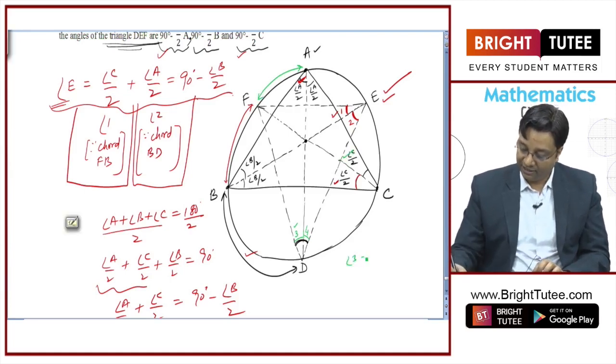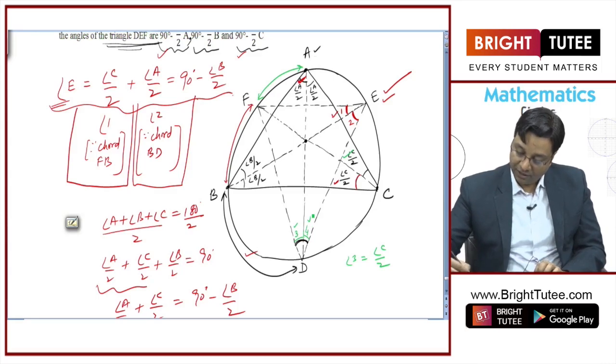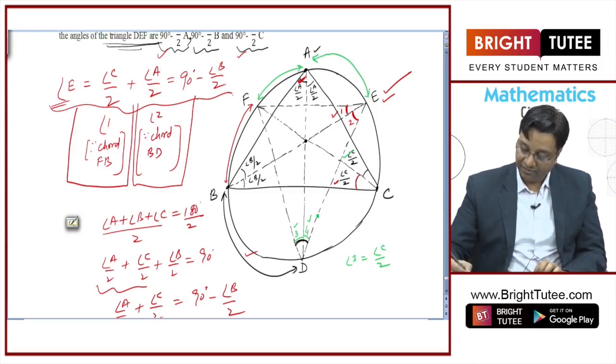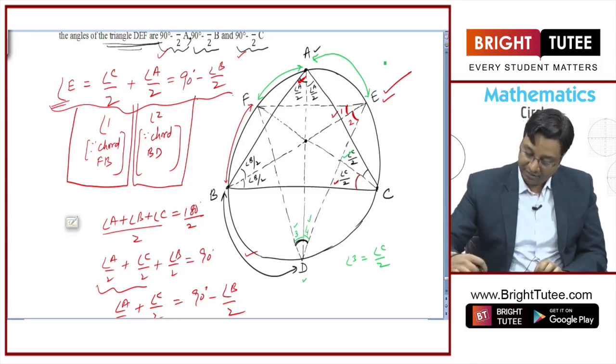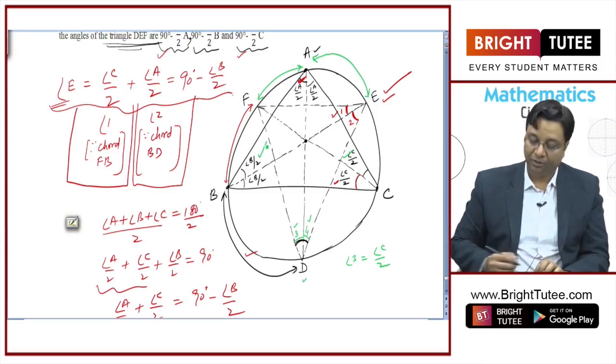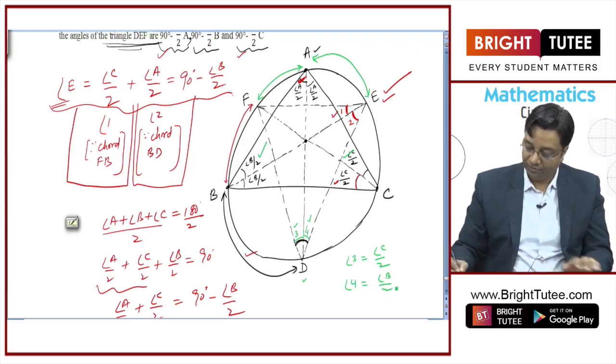So I can say angle 3 is equal to angle C by 2. And when I need to talk about angle 4, I will focus on arc AE. So arc AE subtends angle 4 at point D, and arc AE subtends angle B by 2 at point B. So angle 4 is equal to angle B by 2.